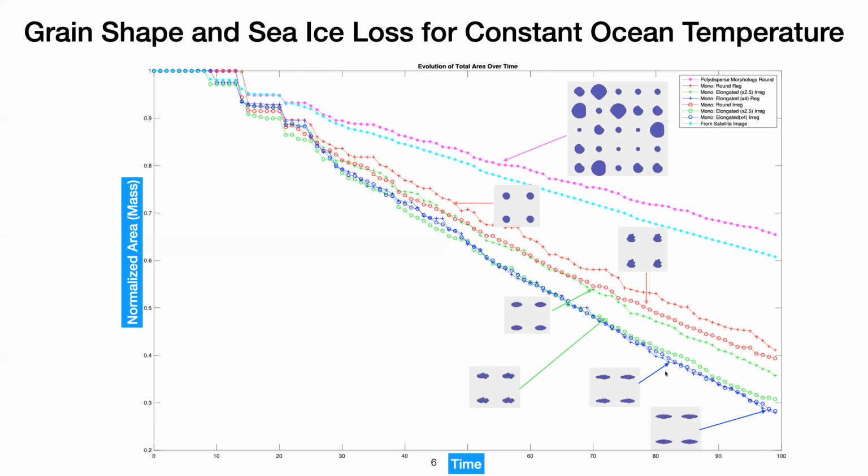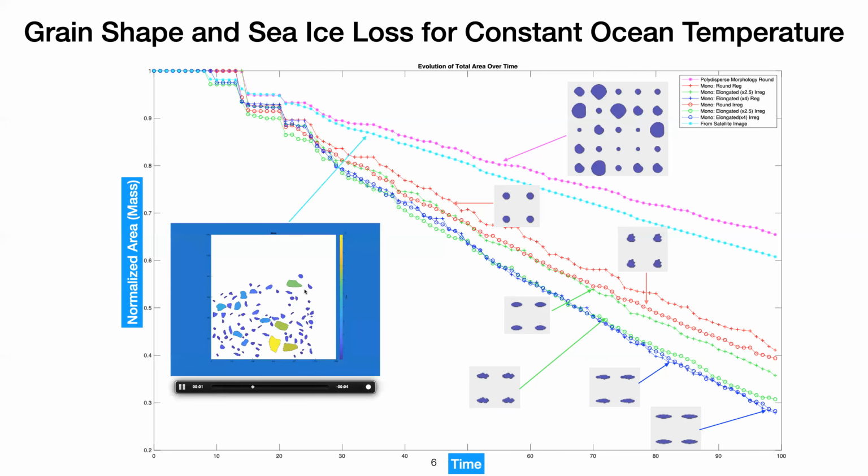But the takeaway from this slide is basically how the role of shape can be significant in affecting the amount of mass loss that is going on, and how getting more realistic, more in situ shapes can account for higher mass loss in predictions.